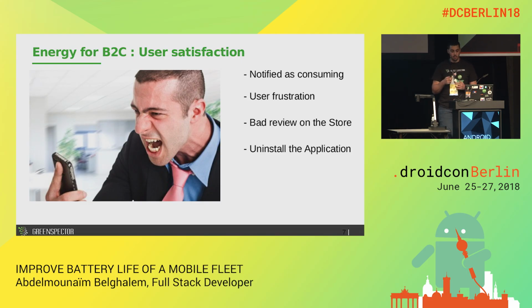If somebody uses your application and the smartphone starts notifying your application as over-consuming energy and resources, even if it's in foreground or background, this can mean that the user may uninstall the application or at least put some bad reviews on the store, and this is definitely not something you want to happen on your application.